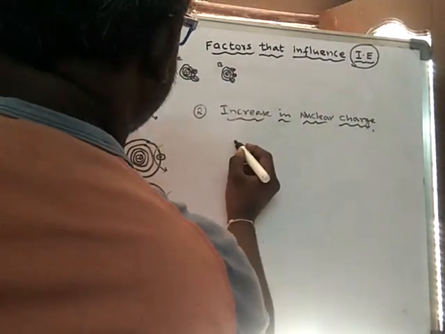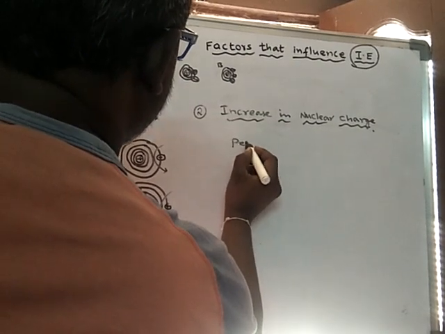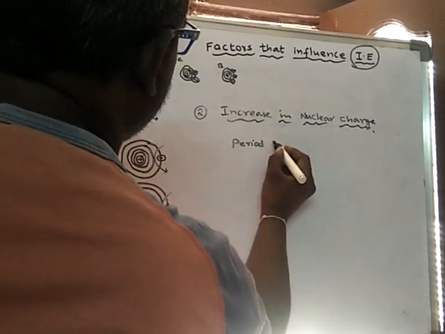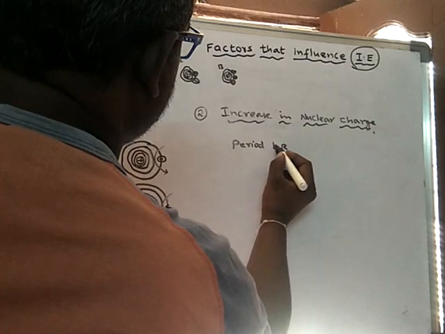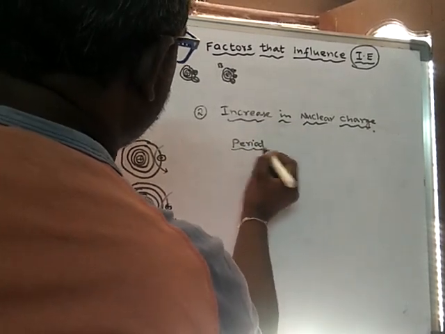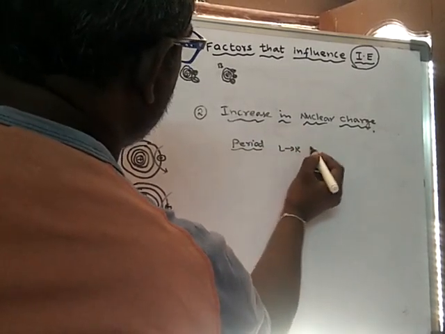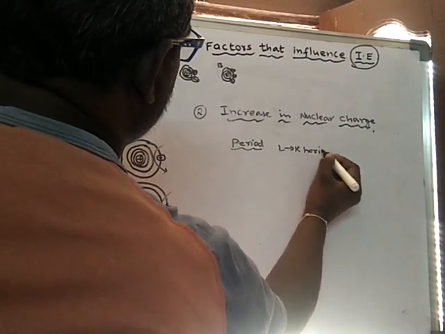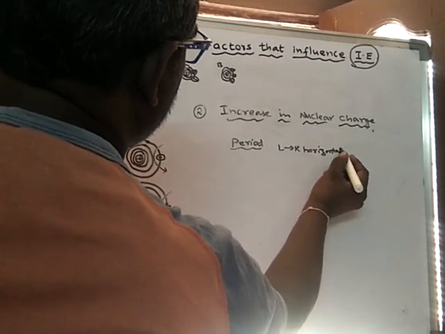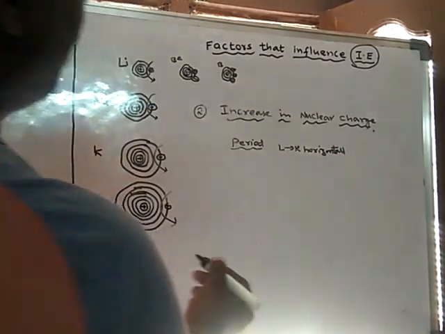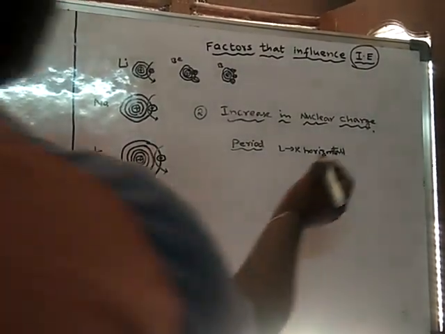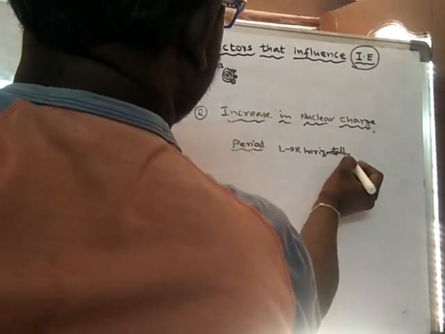So along a period from left to right, horizontally, what happens?